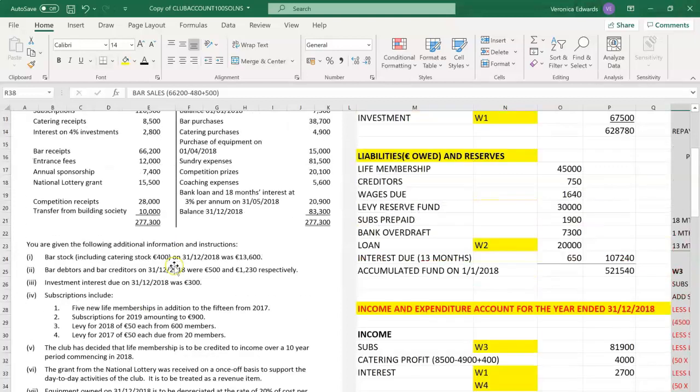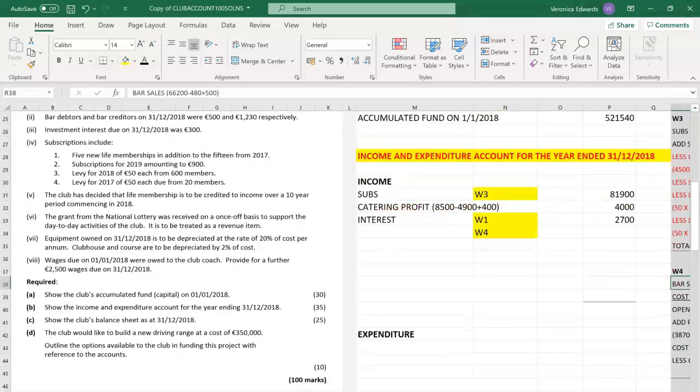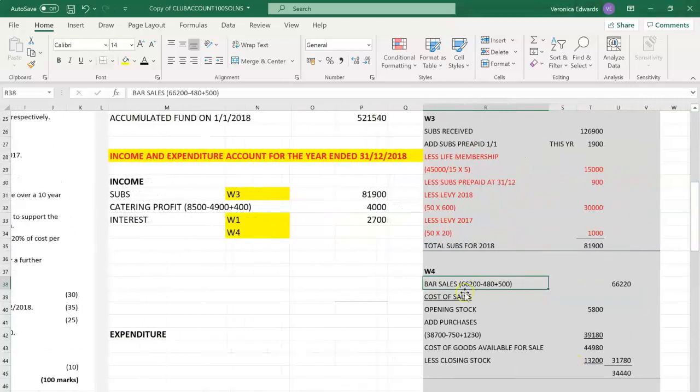Now you need to make adjustments because you had bar debtors at the beginning of the year, 480. So some of what you've received here is possibly from those bar debtors that owed you the money at the beginning of the year. Now that relates to last year's sales. So what you do is you take your 66.2, you subtract the 480 because that 480 would relate to last year's sales, okay?